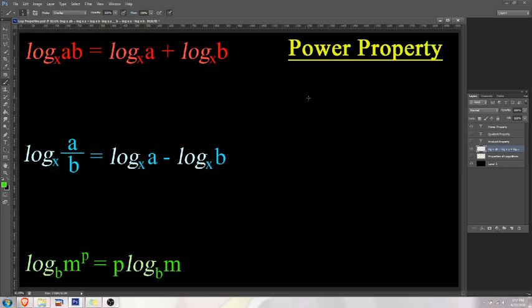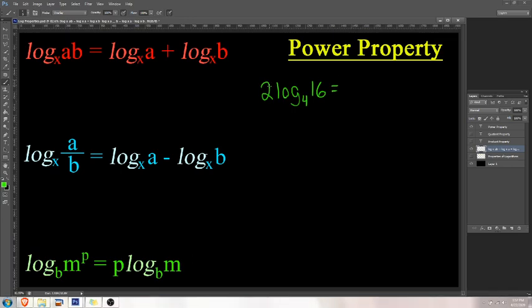Now let's see what that looks like in practical application here. So let's go with 2 log base 4 of 16, and let's show that it works both ways. Let's go back and put this into an exponent.